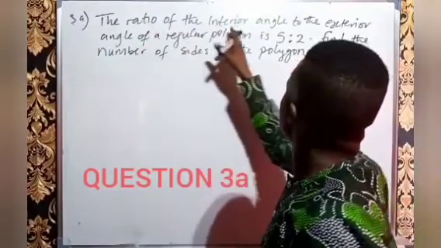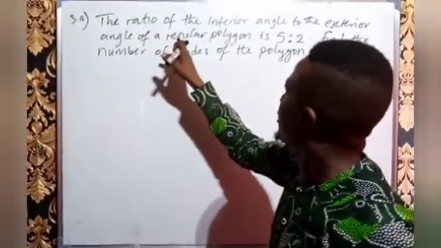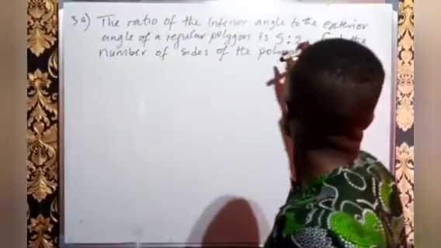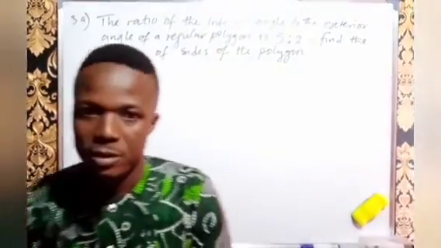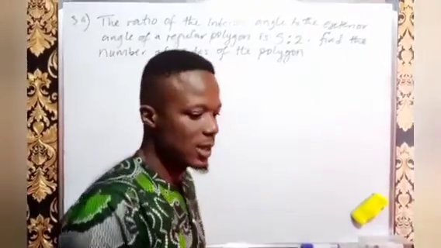The ratio of the interior angle to the exterior angle of a regular polygon is 5:2. Find the number of sides of the polygon. Remember, a regular polygon implies that all the sides and angles are equal.